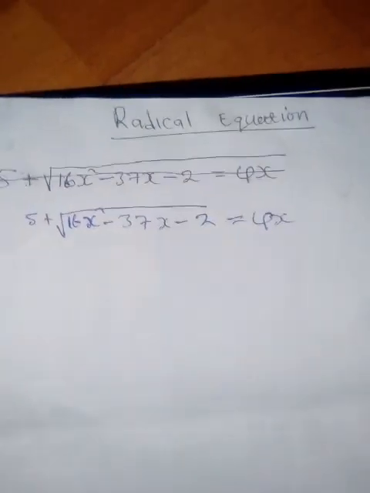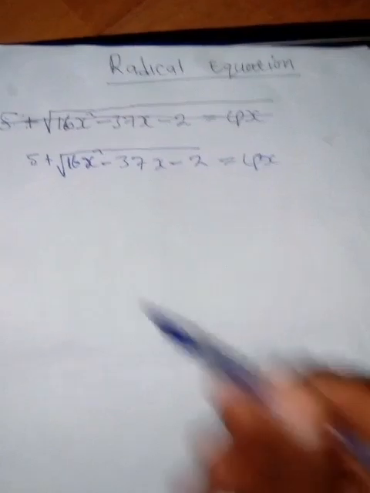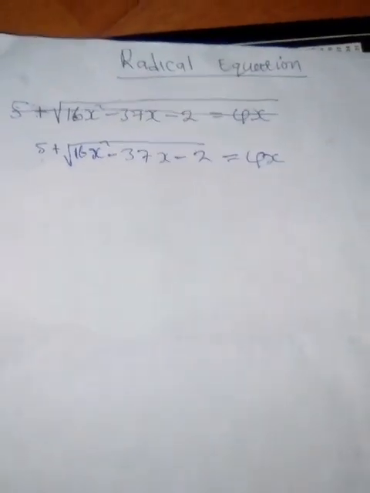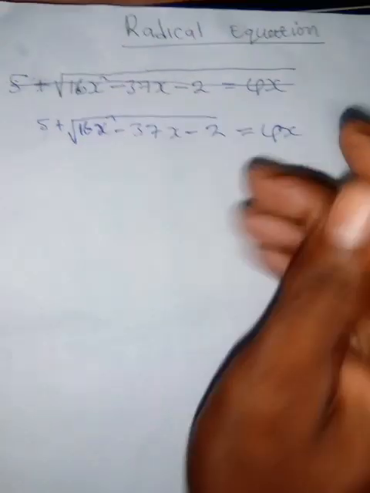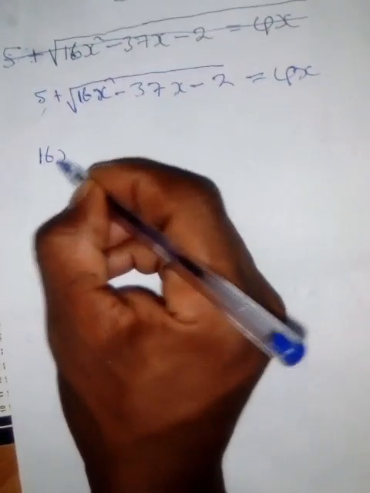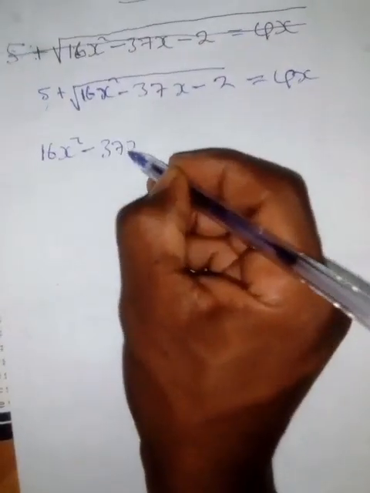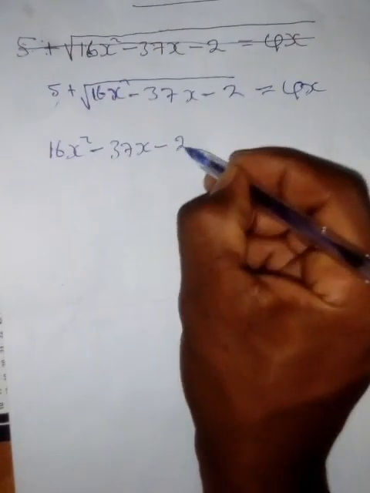This is how the question must be. Then when you have got the radical, we have to take this guy to the other side, so that's where we isolate the radical. So meaning I'm gonna just write this 16x squared minus 37x minus 2 to be equal to 4x.